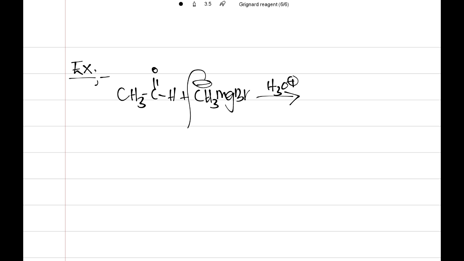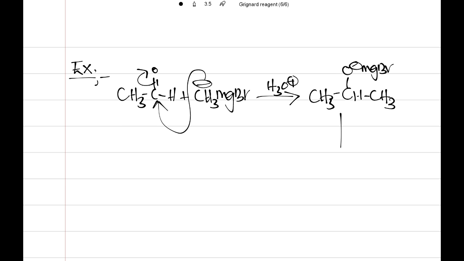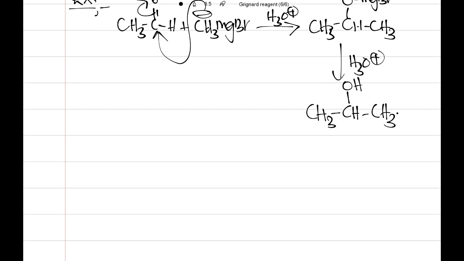CH3 minus is attached to this carbon, electrons are shifting towards the oxygen, and we can get CH3CHO minus MgBr with CH3. After hydrolysis, we can get CH3CHOH CH3. So this is the main product of the reaction.